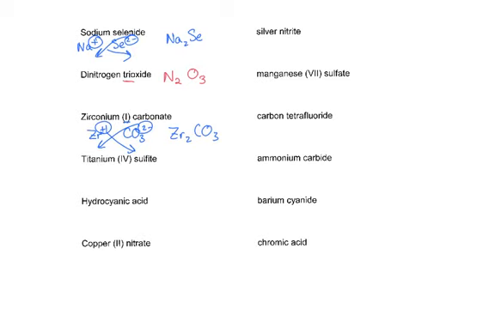This is ionic, so we need to balance out our charges. Titanium is Ti. This tells us it's +4. Sulfite is SO3 2-. So we can switch and reduce. So it'd be Ti(SO3)2.